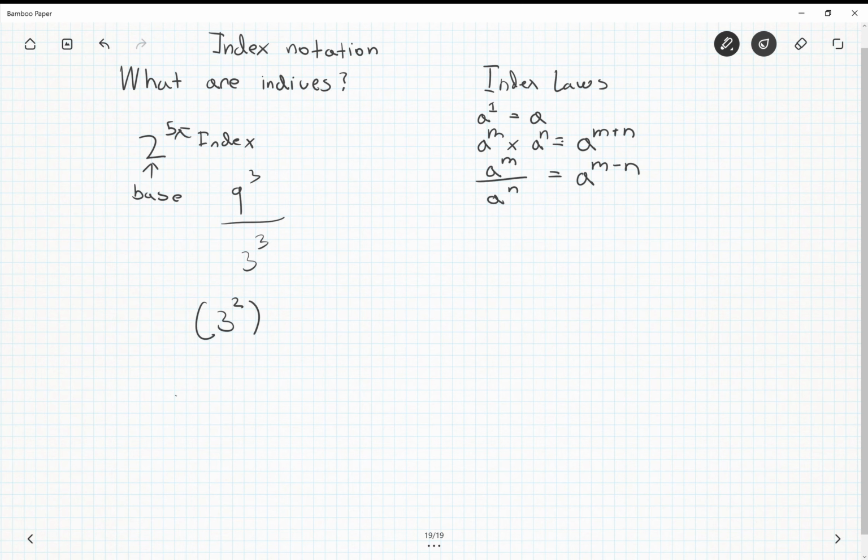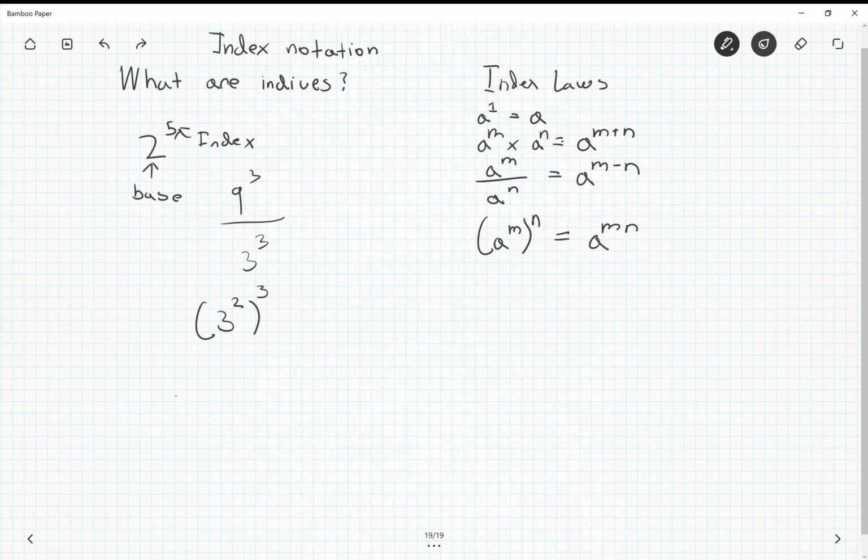If we put that in brackets and then cube that, this leads us to another index law, and that is a to the power m, all to the power of n, equals a to the power of m multiplied by n. Whenever we have this kind of format, the two indices actually multiply each other.